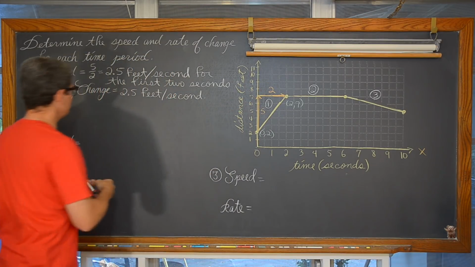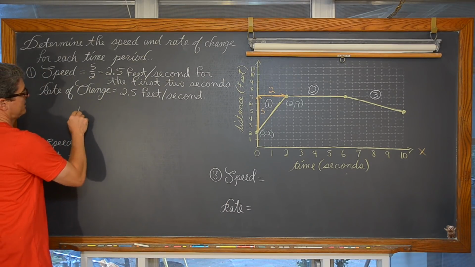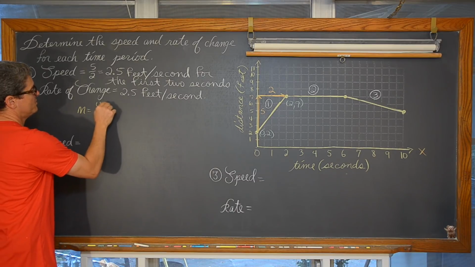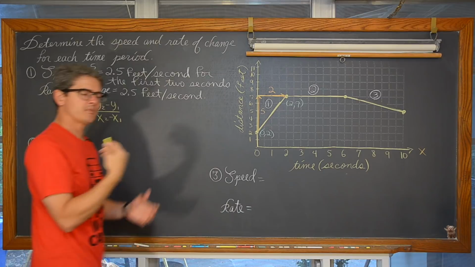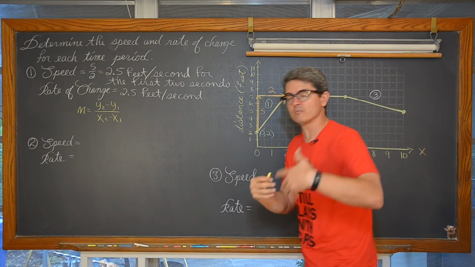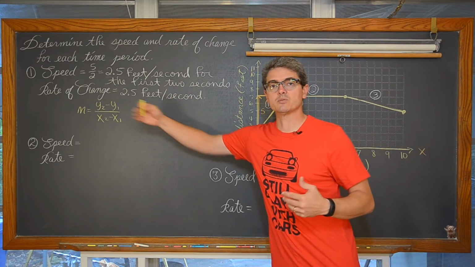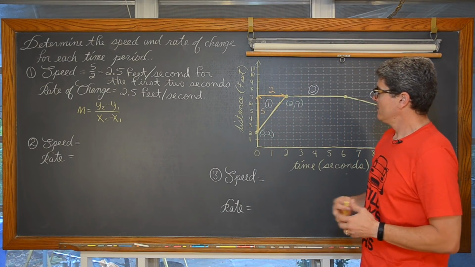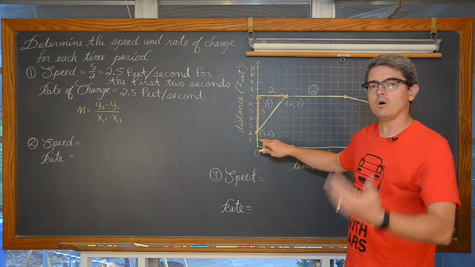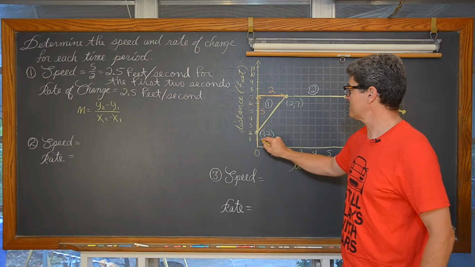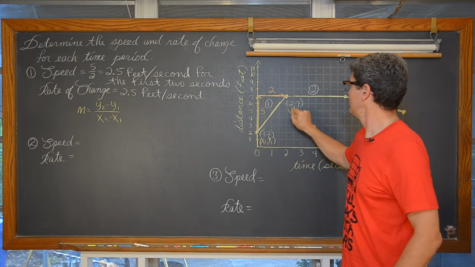Now, what if you didn't want to count that rise over that run? If you really like that slope formula and you want to say, well, I know that slope is equal to y sub 2 minus y sub 1 over x sub 2 minus x sub 1, that's something I'm familiar with that we've already covered in class, or maybe in a previous class. I've noticed that my Algebra 1 students have had a lot of experience with this in their pre-algebra class. You want to identify a couple of those coordinates and decide which one you want to call point 1 and point 2. Maybe this is point 1 and this is point 2.